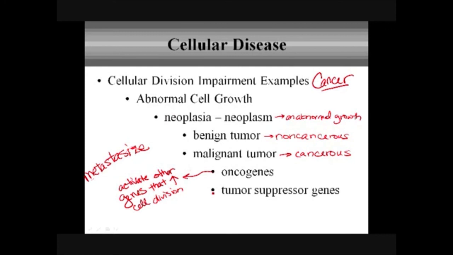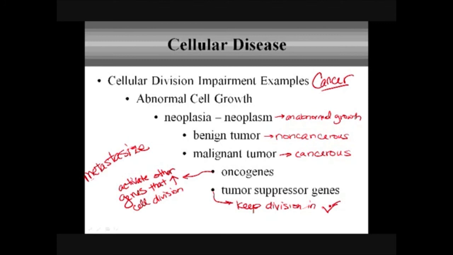Versus the next one, the tumor suppressor genes. Our tumor suppressor genes keep division in check. That's my check. All right, so it keeps division in check. Basically, it regulates cell division and makes sure that cell division is occurring at a proper rate in proper areas.